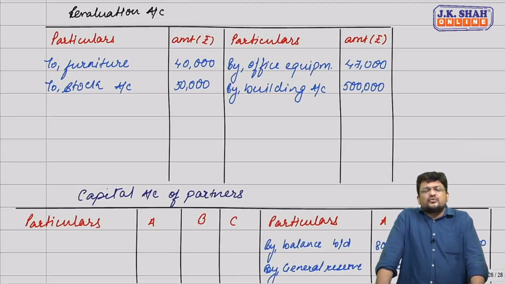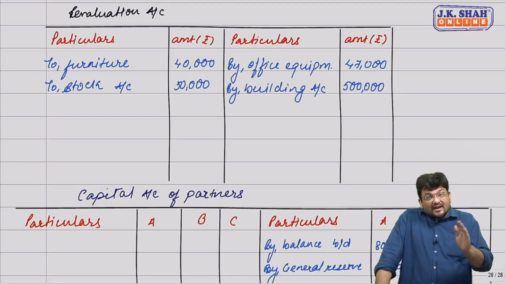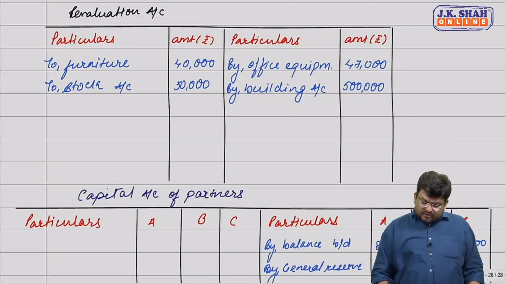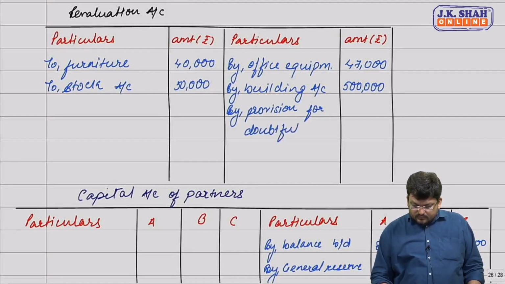So we are supposed to reduce our provision by 15,000. We have to maintain a provision of 15,000, and since the balance sheet shows 30,000, we reduce the provision by 15,000. So to reduce provision, entry will be provision for doubtful debt to revaluation.